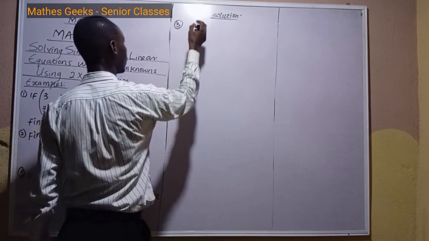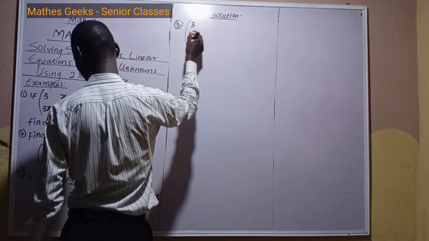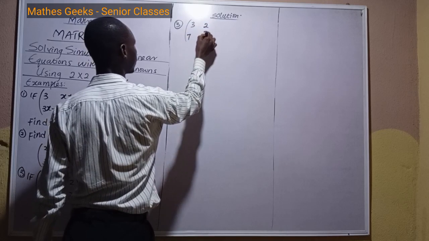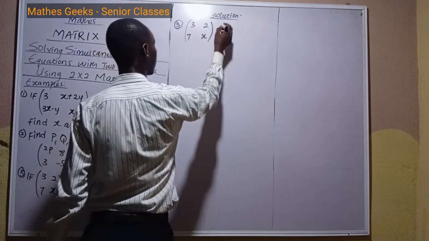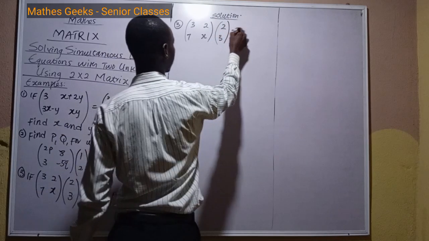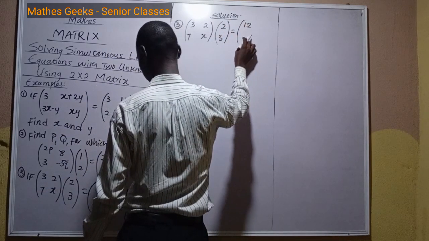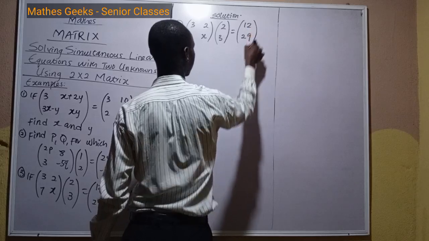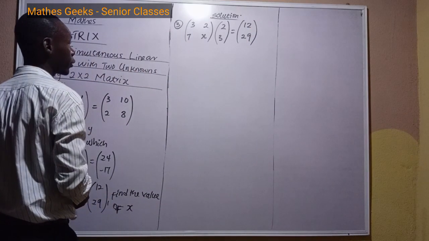That's right. If the matrix 3, 7, 2, x times the matrix 2, 3 is equal to 12, 29, find the value of x.